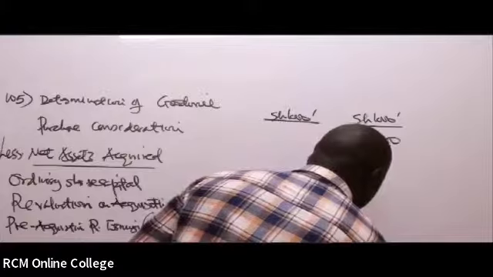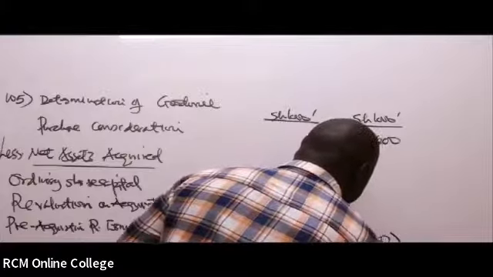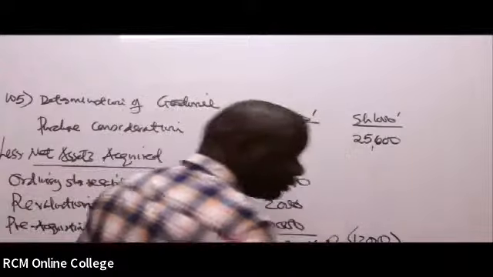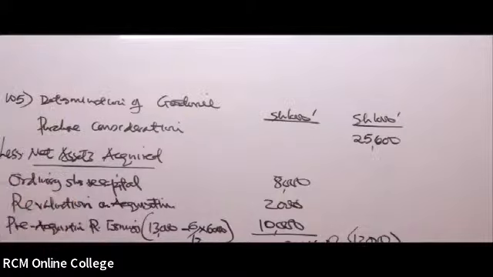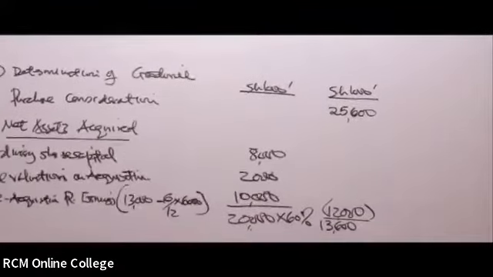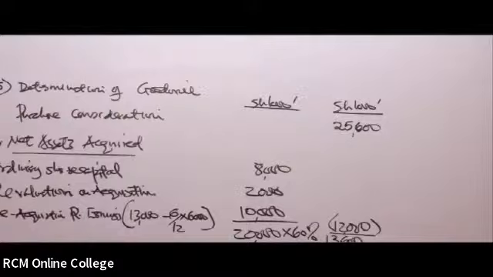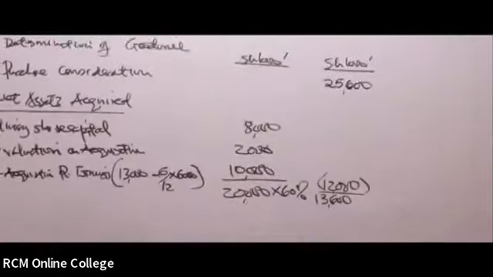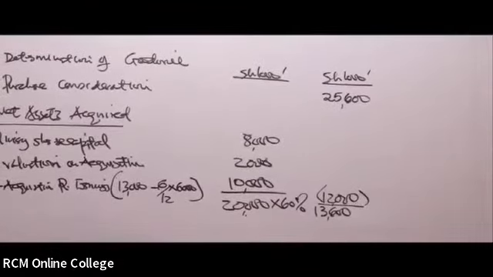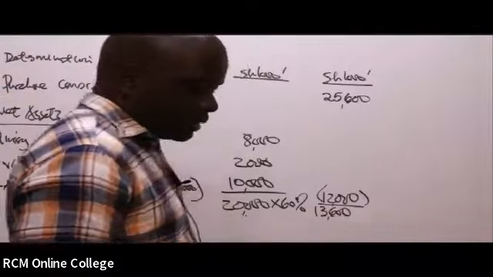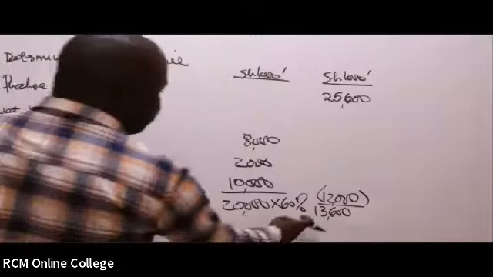You'll less that, and then you'll get a figure of 13,600,000. That is what you'll get there. So this is basically the goodwill for the holding company.